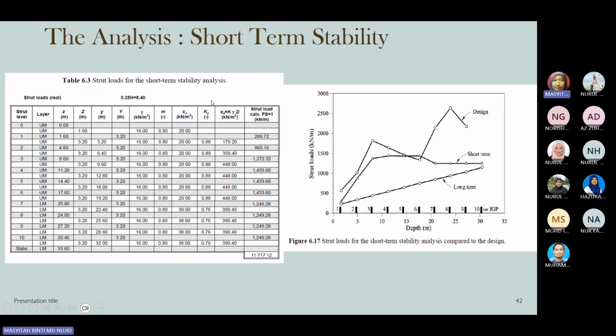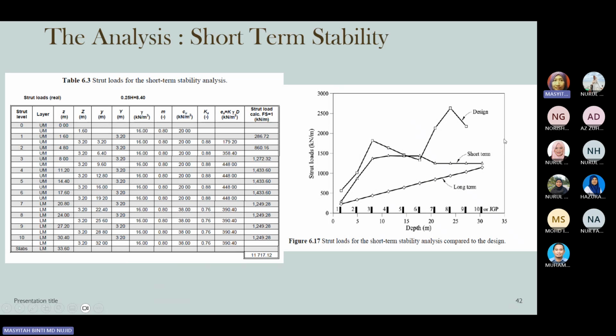And this also shows a table of the strut load for short-term stability, where the total strut load is 11,717. If you look at the right side of the figure, this is a comparison between the design graph and also short-term and long-term stability. The short-term stability shows that the strut loads have high forces compared to the long-term, but still quite lower than the design's estimations.